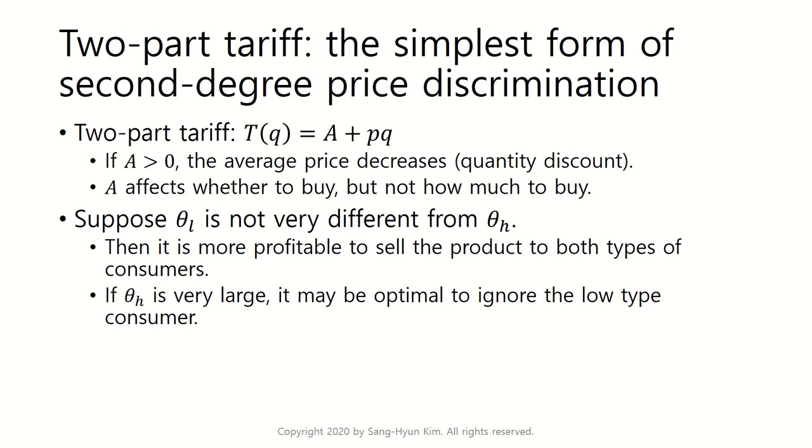Here, A, the fixed fee, affects whether to buy this good, but not how much to buy. How much to buy is determined by the marginal price P. A only affects whether to participate in this transaction or not.